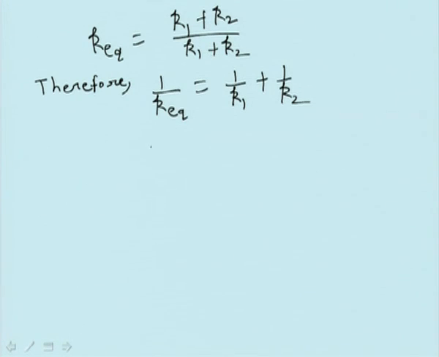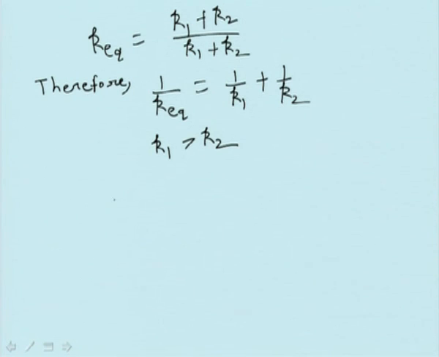Suppose you have k1 and k2, and k1 is, let us say, greater than k2, then naturally k equivalent cannot be more than k2 actually. So when they are in series, the equivalent stiffness in fact reduces. So when the springs are in series, it is 1 by k equivalent equals 1 by k1 plus 1 by k2.